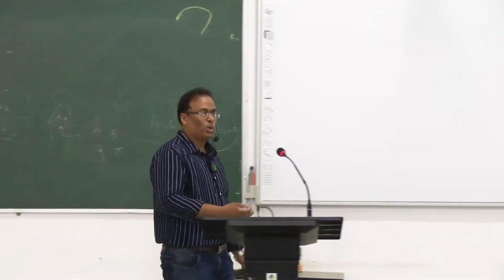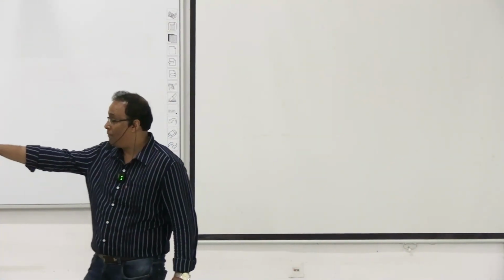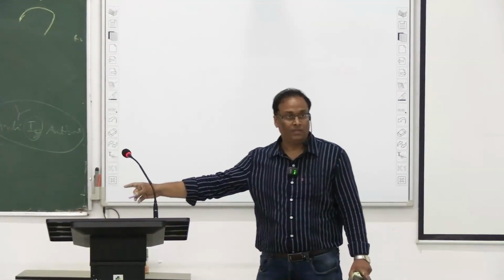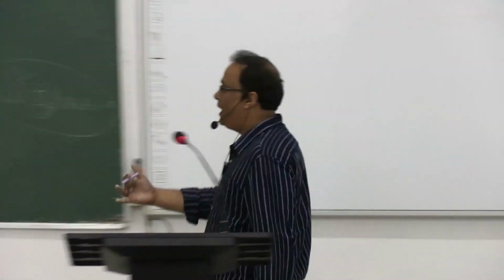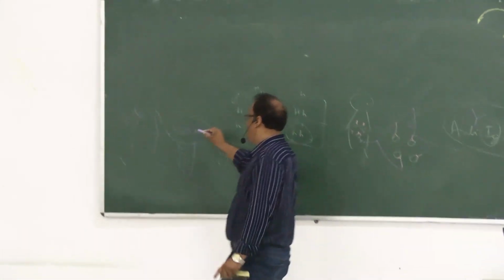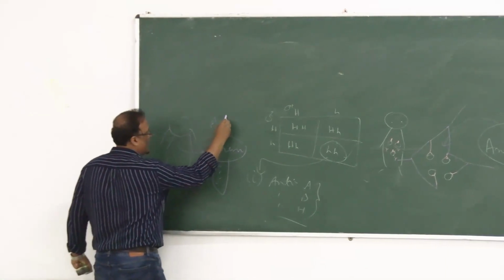Agglutinations means what? Clumping of RBC. That means in this case, after collection of serum, then you have to add the RH positive RBC. বোঝা যাচ্ছে?